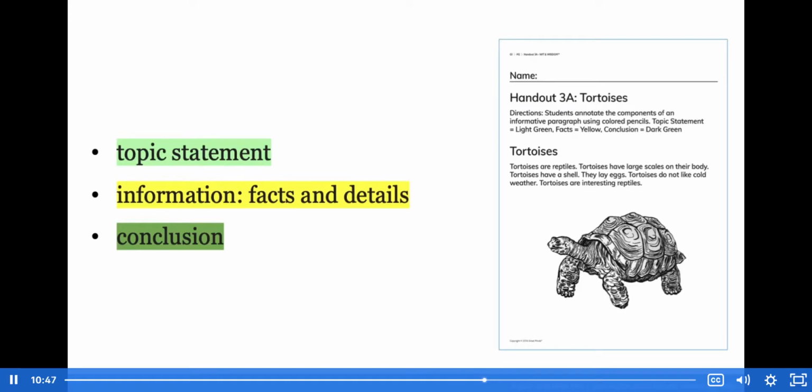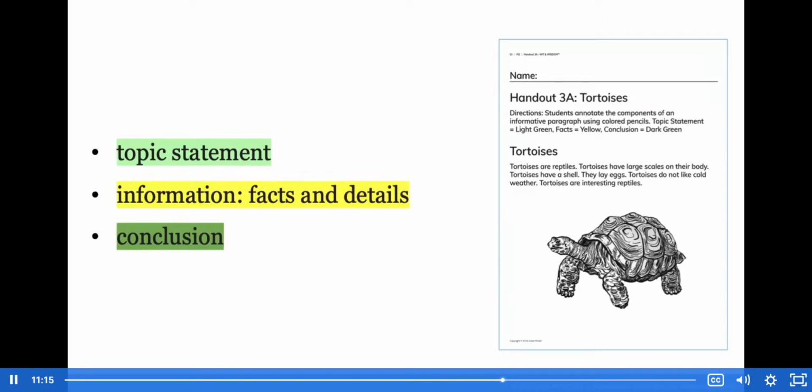Remember, we said the informative paragraph had those 3 parts: the topic statement, the information or the facts and the details, and the conclusion. The topic statement is in light green, the information is in yellow, and the conclusion is dark green.